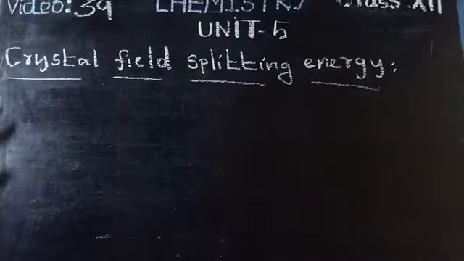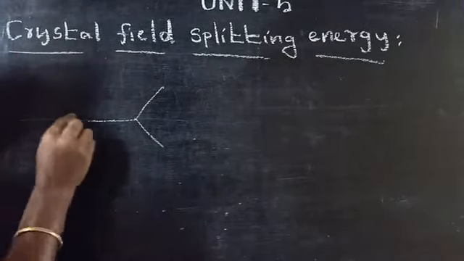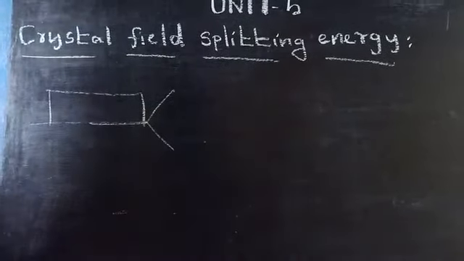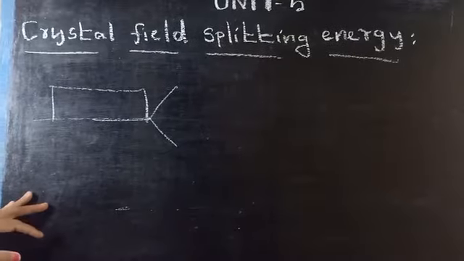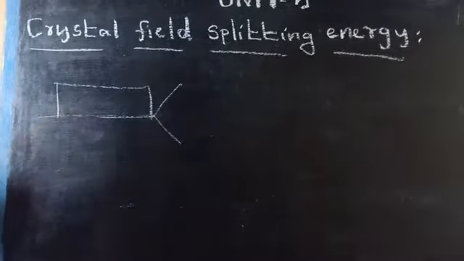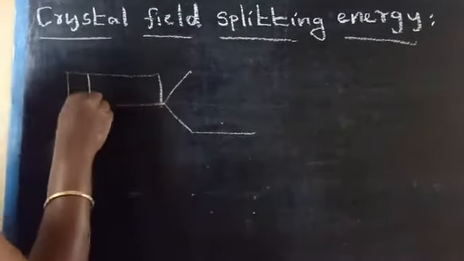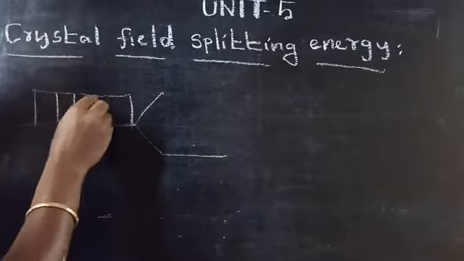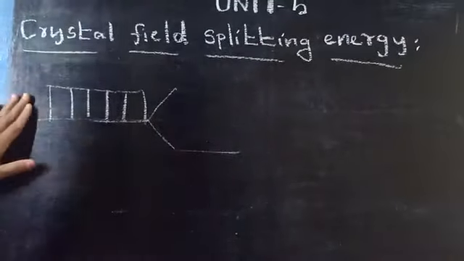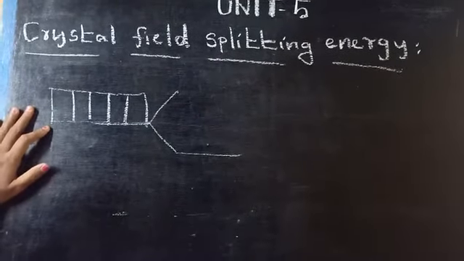Okay, children, crystal field splitting energy means, now these are the d orbitals, isotropic. Okay, no splitting. Here the energy level is constant. So now splitting takes place. Here there are totally 5 orientations, the 5 d orbitals, and they are involved in splitting.